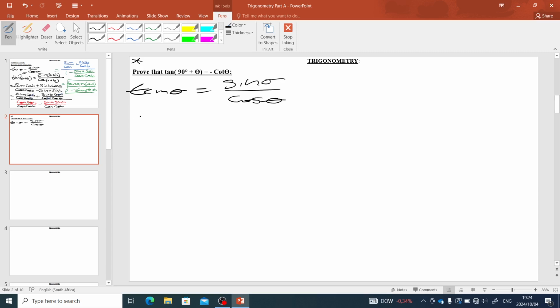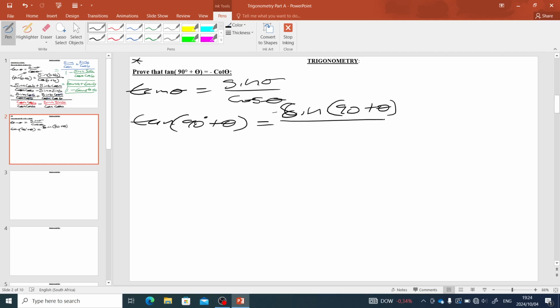Now, tan(90 degrees + theta) can be expressed as sine(90 + theta) divided by cos(90 + theta).